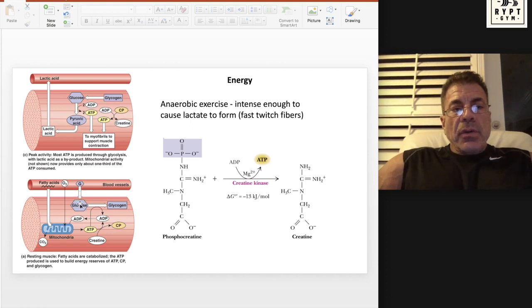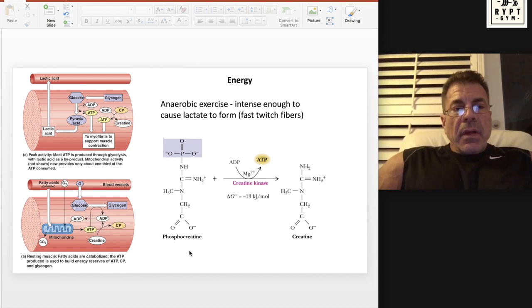But if no glucose is around, meaning that insulin levels are low, so usually after about 2 hours after a meal, insulin got released, and now the glucose went from the bloodstream into the cell. Now the body will go to its second tier. It'll look to fatty acids for energy, and that's what we want. So the muscle will start burning fatty acids in the mitochondria through beta oxidation to produce ATP.